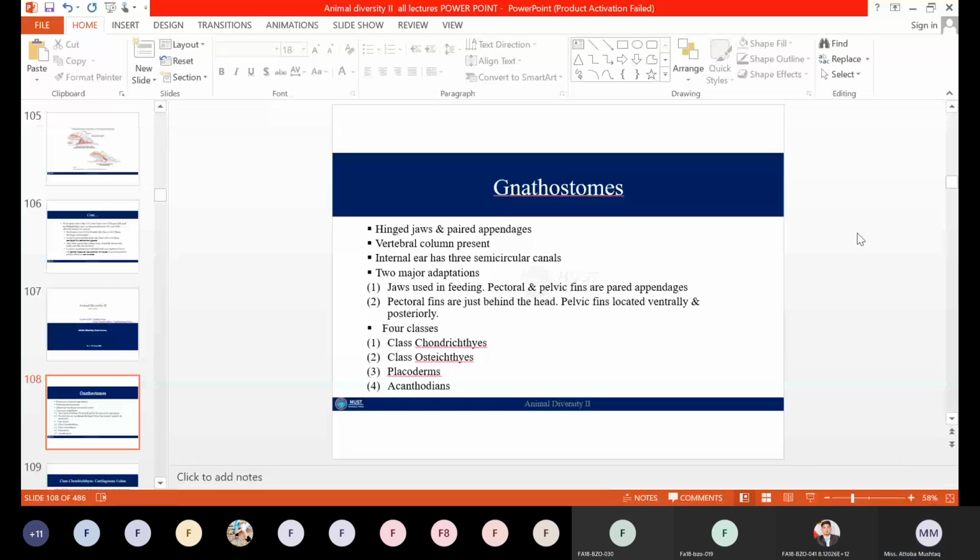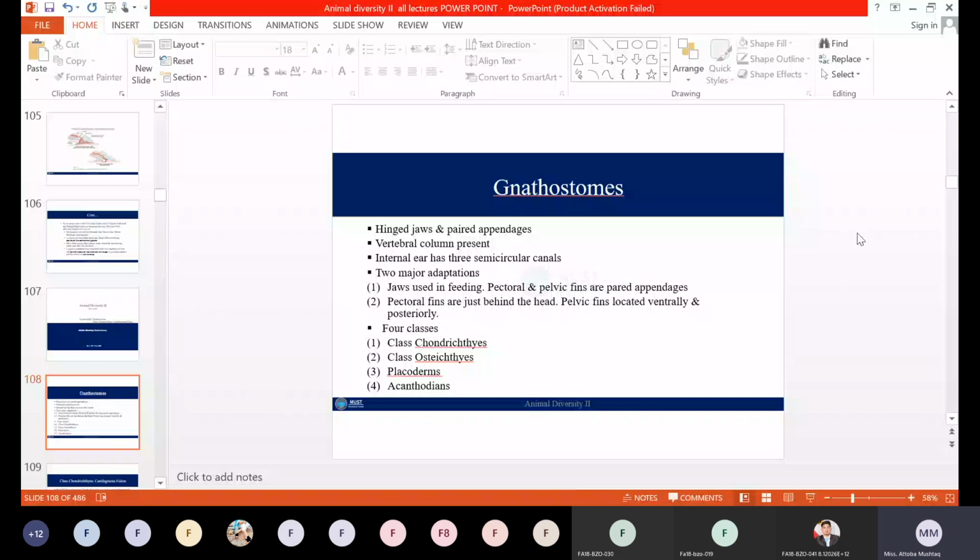Third characteristic is their internal ear that consists of three semicircular canals. Unlike in agnathans, which have only two semicircular canals, gnathostomes have three semicircular canals.